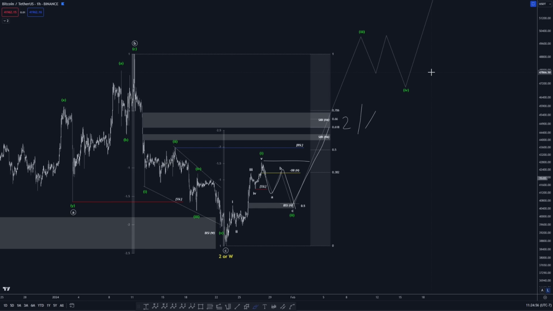So once again, it's really about managing expectations here. We need to have a little bit more data, wait for this retrace, wait for that break of structure, and that's when things will get tricky.